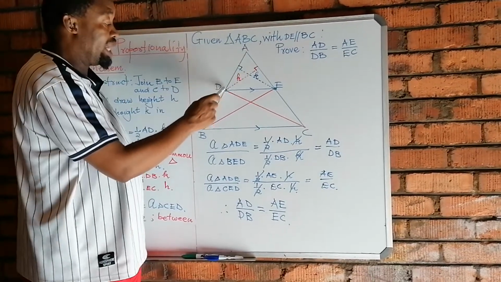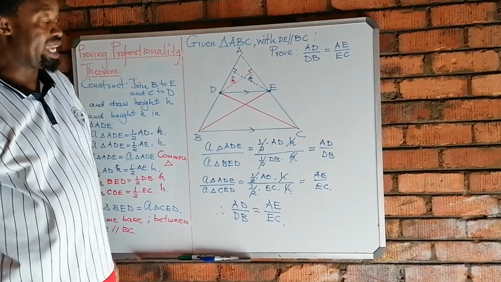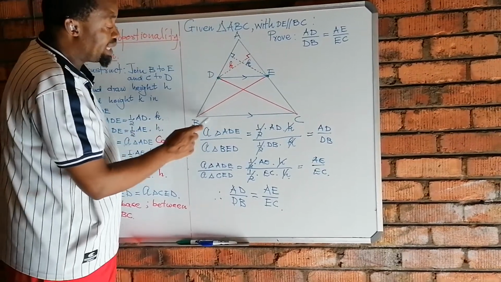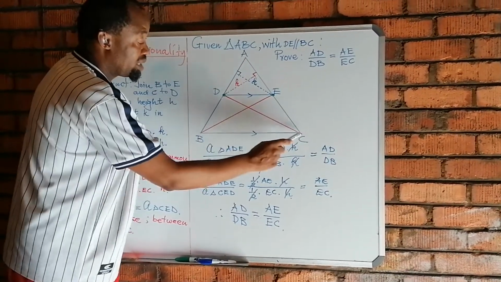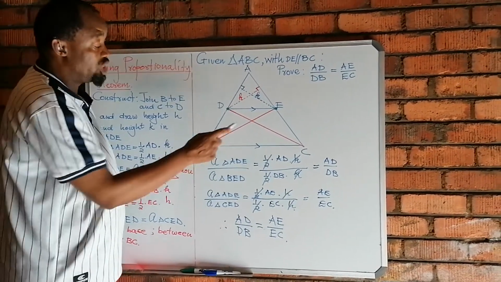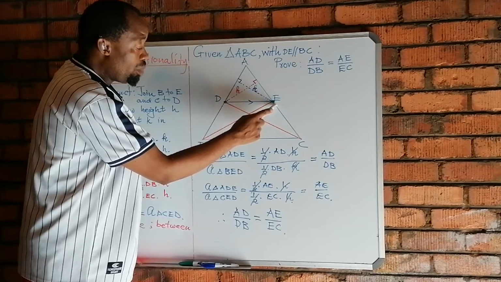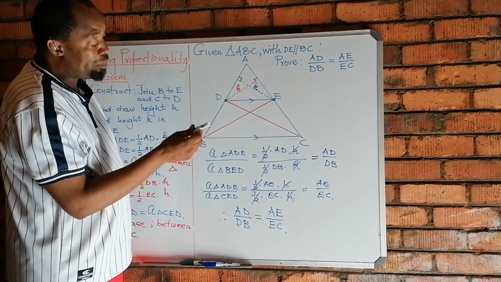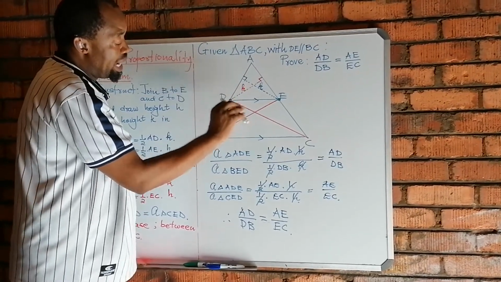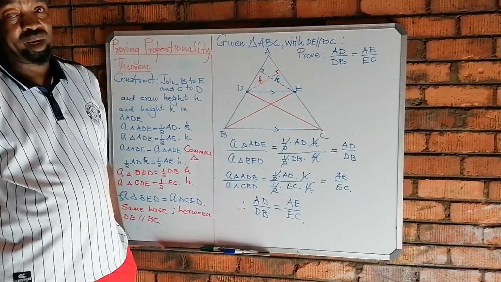Basic knowledge number one is applicable on the top part of the triangle, and basic knowledge number two is applicable at the bottom part of the triangle. The last basic knowledge, common vertex, same height, is applicable at the bottom and the top. That is how you should remember this theorem. Thank you.